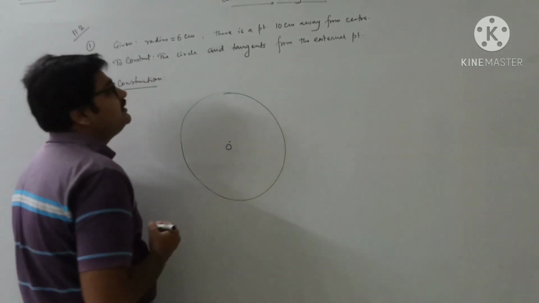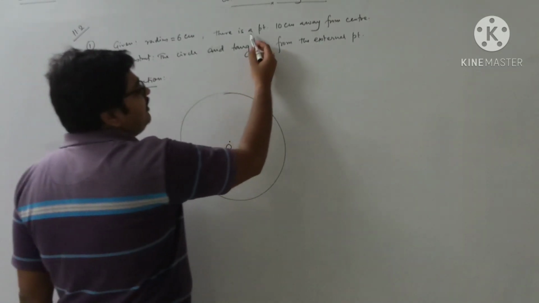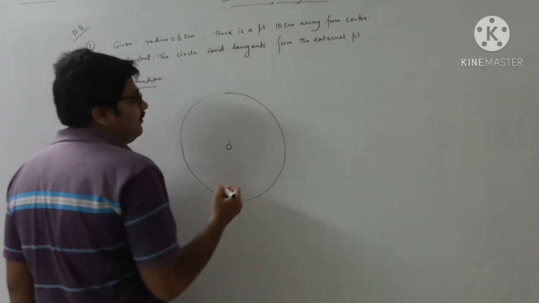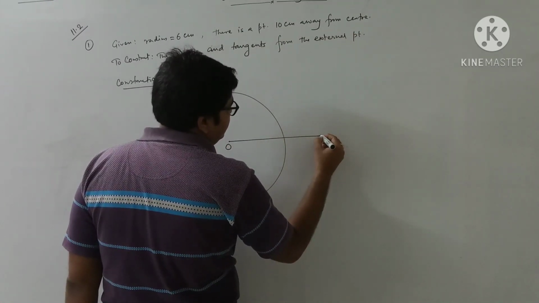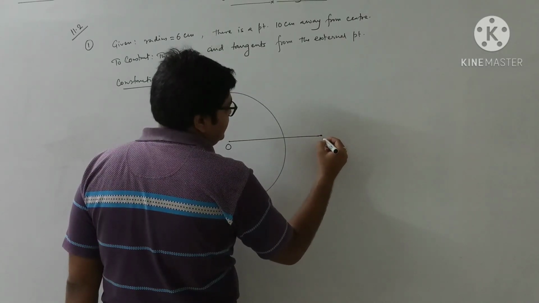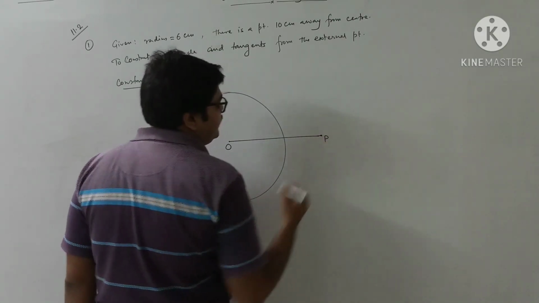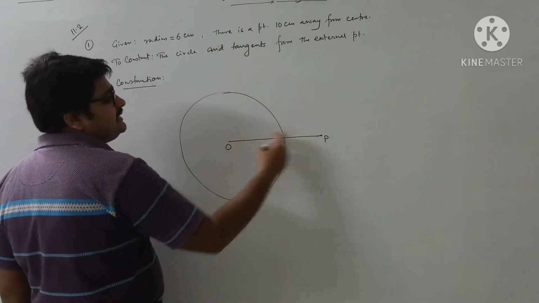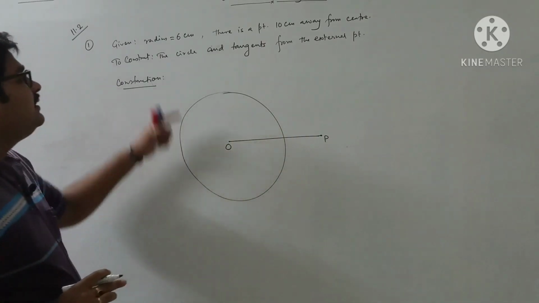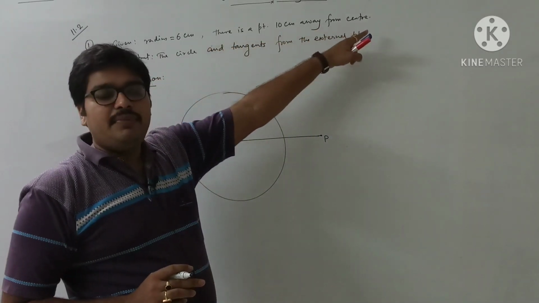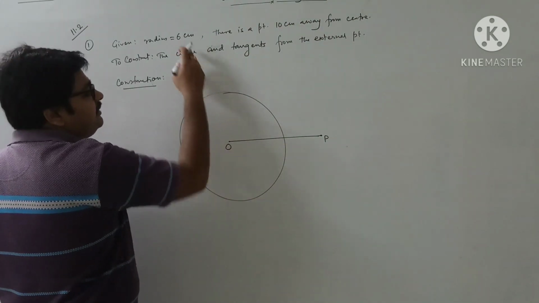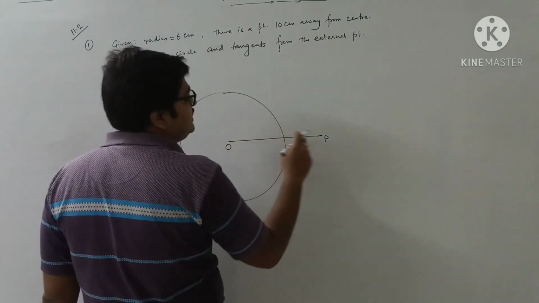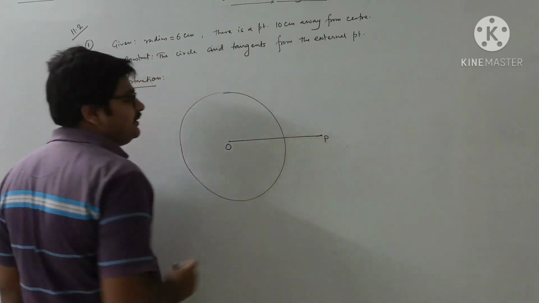Mark it as O. Now from the center you have to take a point 10 cm away. From there we have gone 10 cm distance and chosen a point P. So this OP distance is 10 cm. So first we drew the circle of radius 6 cm, and from the center we took a distance of 10 cm to place a point P.